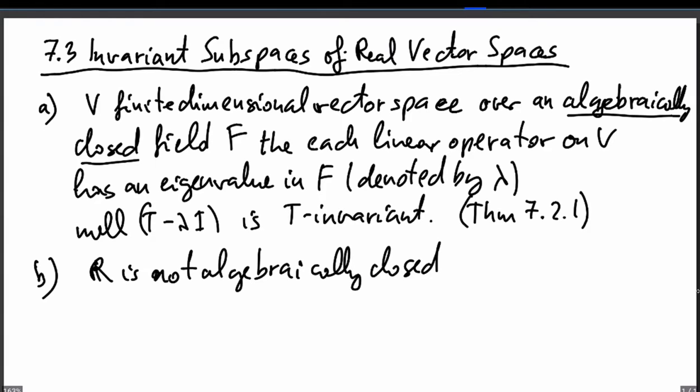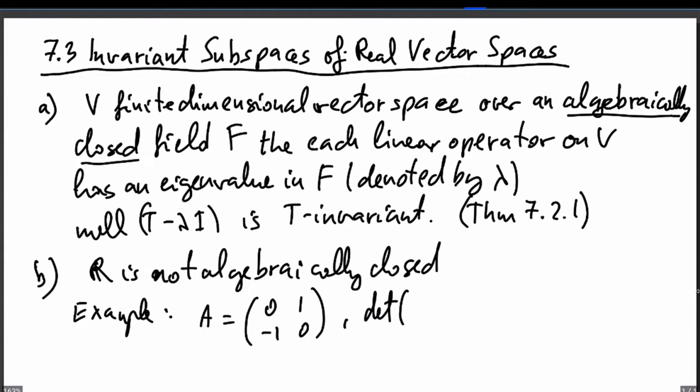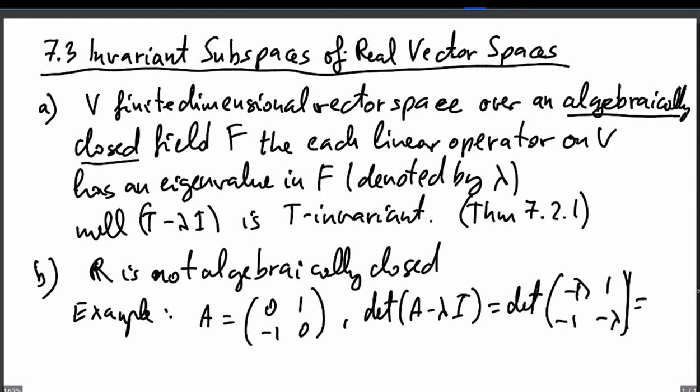So that means that theorem 7.2.1 doesn't apply, and more importantly, we even have an example with A equal to, for example, the matrix 0, 1, minus 1, 0, and then the determinant of A minus lambda I equals the determinant of minus lambda 1 minus 1 minus lambda, which equals lambda squared plus 1.